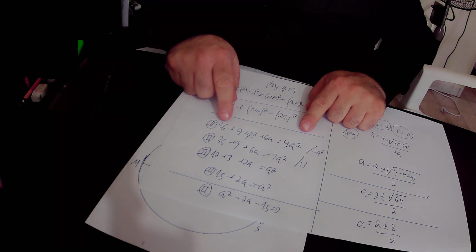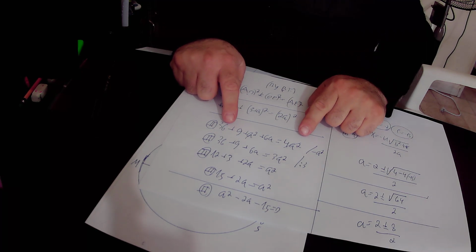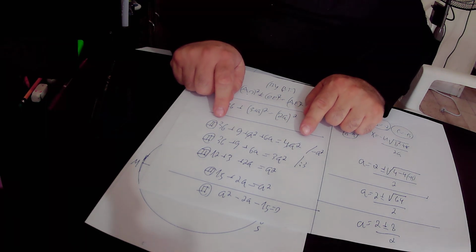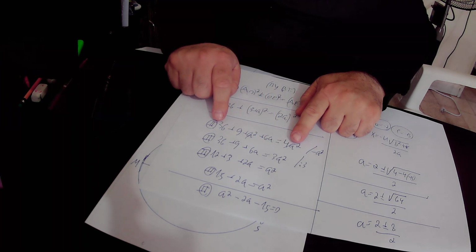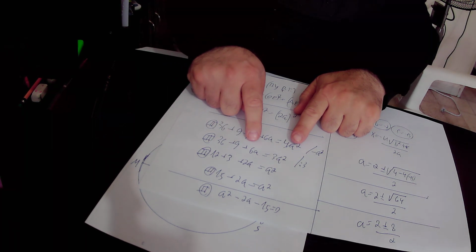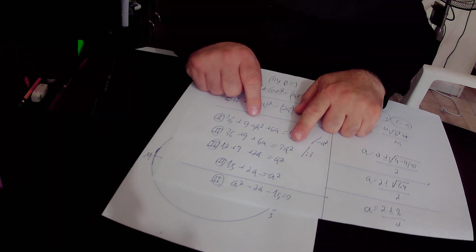We found that 36 plus 9 plus 6A equals 4A squared minus A squared, which is 3A squared. We divided equation number 2 by 3, and we got that 36 over 3 is 12, 9 over 3 is 3, and 6A over 3 is 2A, 3A squared over 3 is A squared.